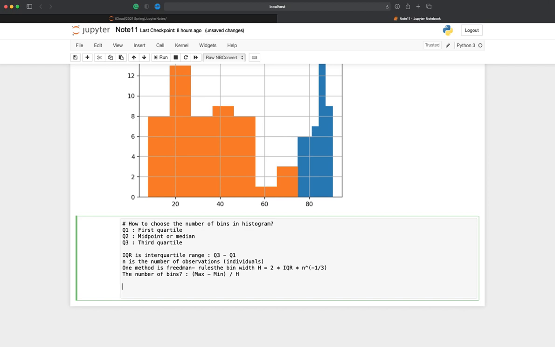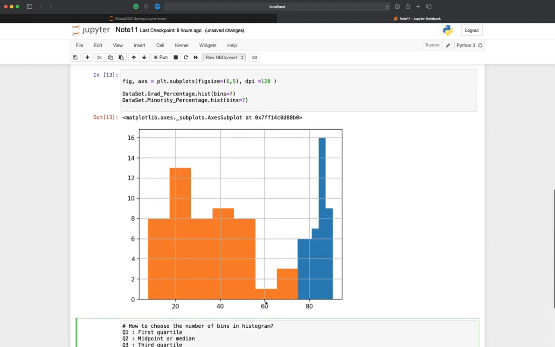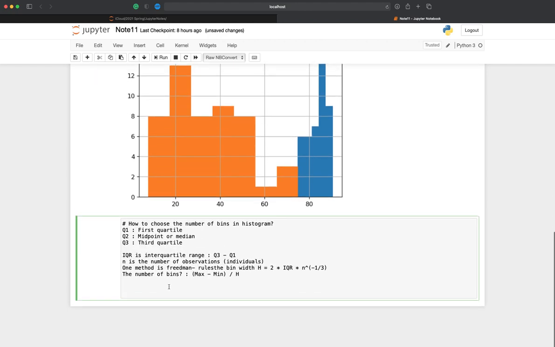Okay, so I hope you understood how we explain the x-axis and y-axis and what this histogram is, because the histogram is very different from the bar graph.